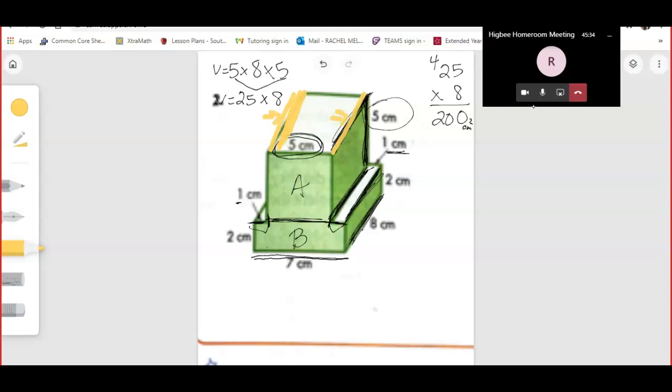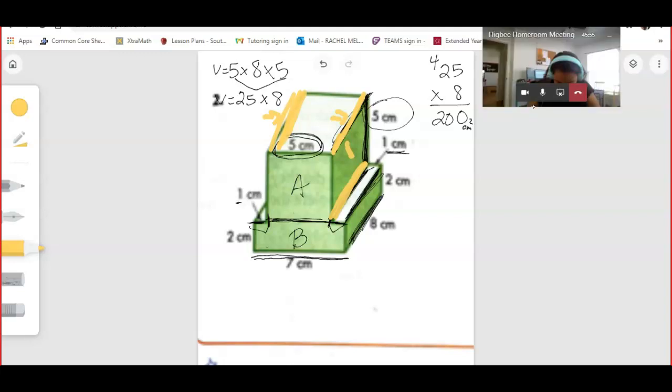I also right now don't have a label here. However, this is now another rectangle, isn't it? So this piece has to be the same as this piece, because this right here is a rectangle. This is now another rectangle, so these two sides have to be the same.